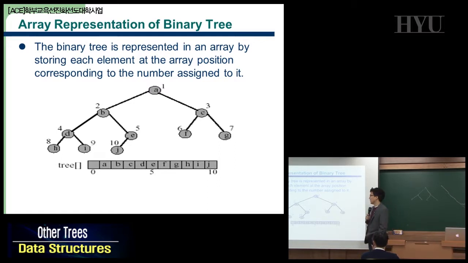So that might be one thing to look out for. If you take a look at this one, A starts from position 1, and you have an empty spot at 0. So when you actually do programming, you need to be a bit careful. Otherwise, you're starting from one position off, so everything else will be mixed up. Plus, it will be easier to compute your left child and right child if you start from 1.